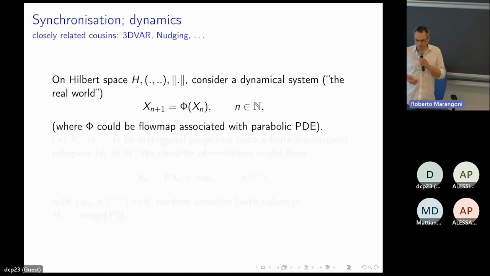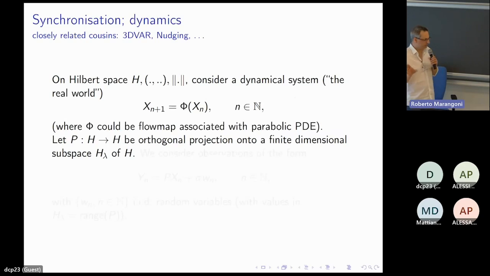So there's also a need for methods that are, let's say, very simple and applicable in a real context. And one of those approaches is related to synchronization, and this is what I will explain now. So there's no claim on this being an optimal kind of procedure.